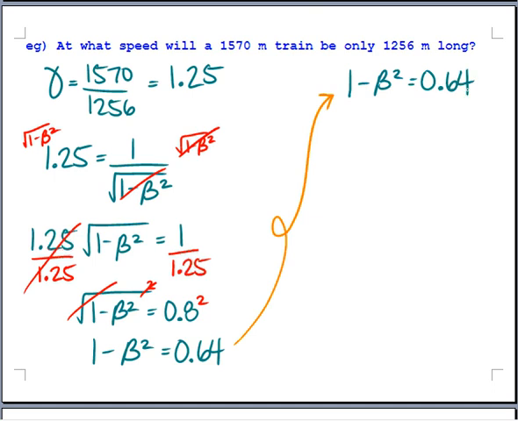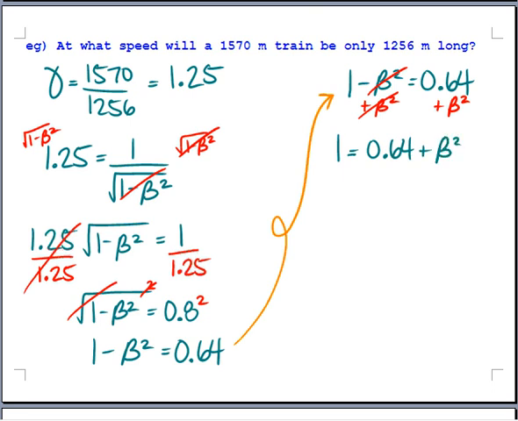Now I've got this negative beta squared, and I know I'm going to have to take the square root at some point. Probably my last algebraic step. And I'd really like that beta squared to be positive. So I'm going to add it to both sides. Cancel, cancel. 1 equals 0.64 plus beta squared.